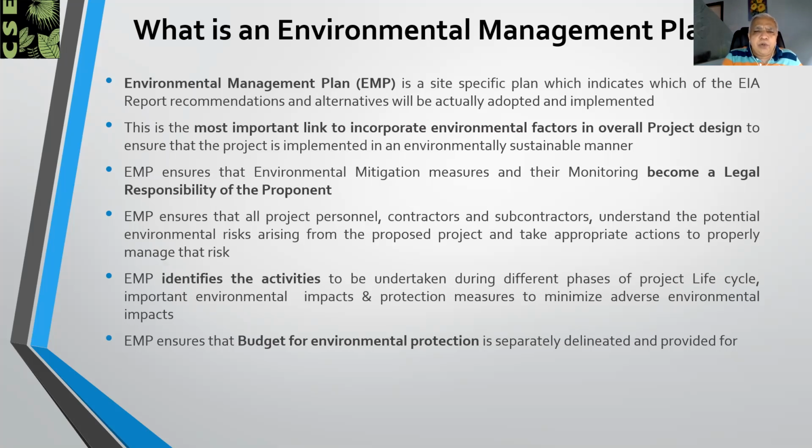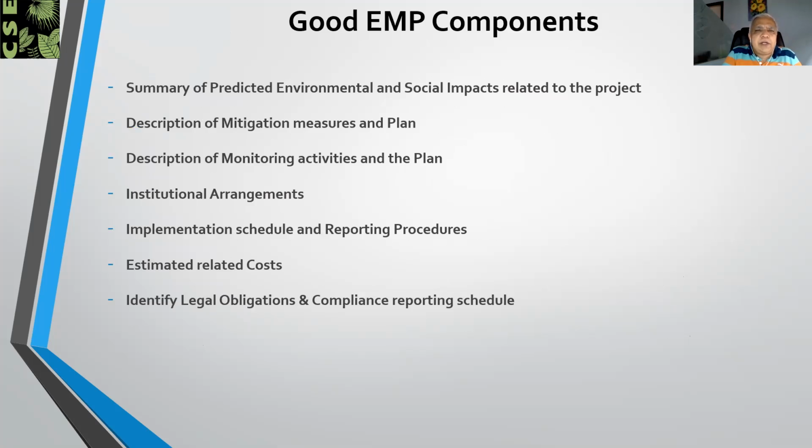During an EMP, we identify the activities which are there in different phases of the project, and for each of those, we develop a management plan. The management plan includes, of course, responsibility fixation and the budget.